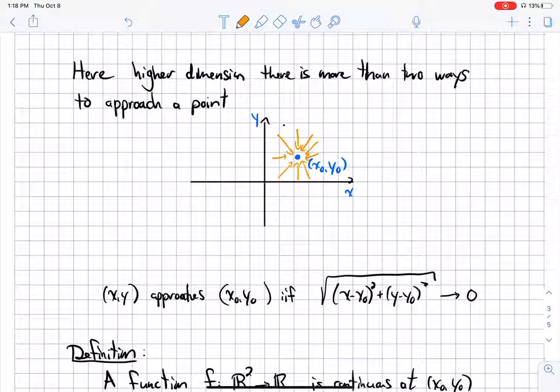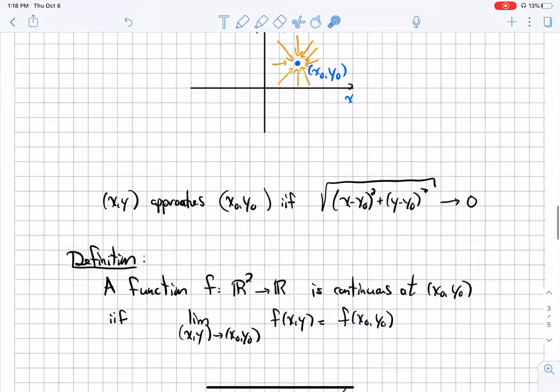More generally, we say that x, y approaches x0, y0 if and only if the distance between x, y and x0, y0 tends to 0. But of course, there are many points that are at the same distance, and again, there are several directions to approach that point.